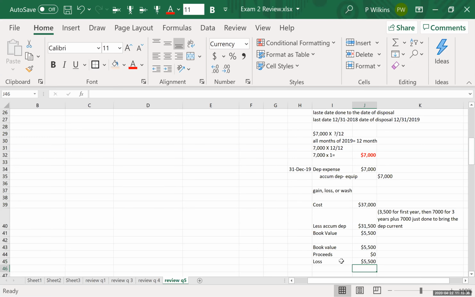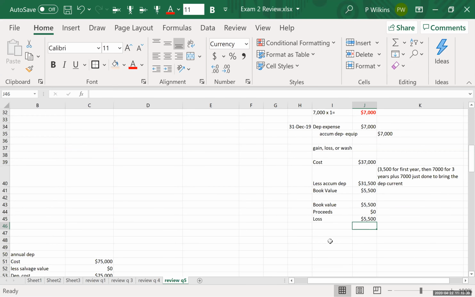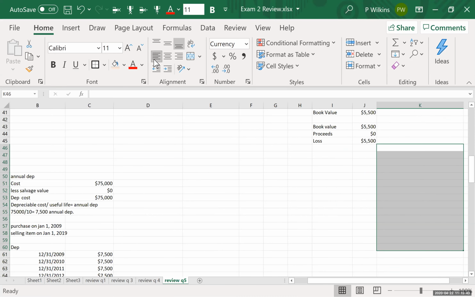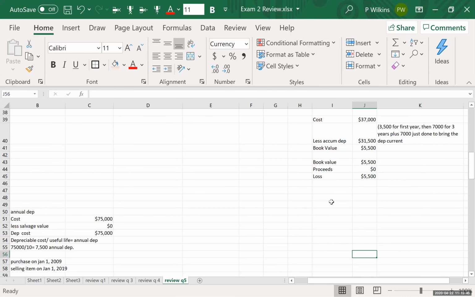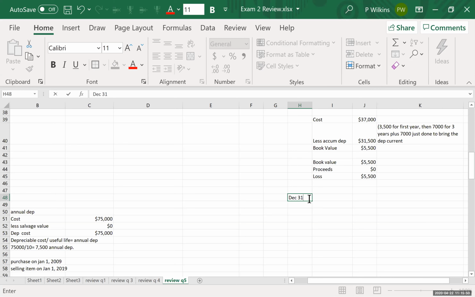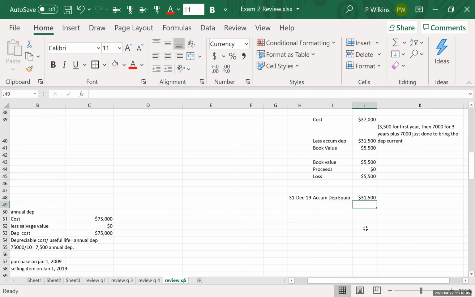Okay. So now we know we have a loss, so we do the entries for this. We have no cash, so there's no cash entry. On December 31, 2019, we are going to debit accumulated depreciation equipment, $31,500 to clean out that account.